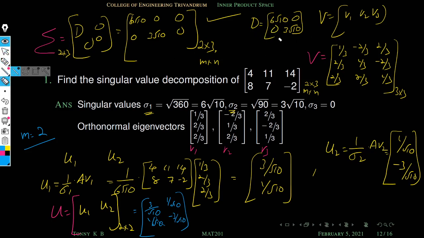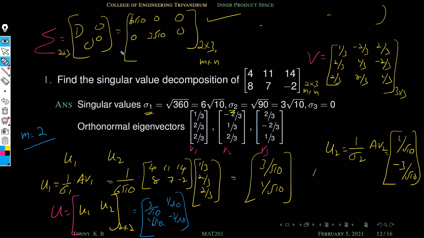So ultimately you can write A like this. This means you can write that A is equal to U sigma V transpose.